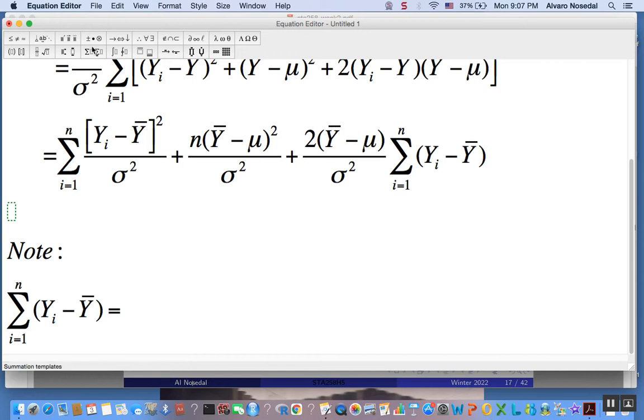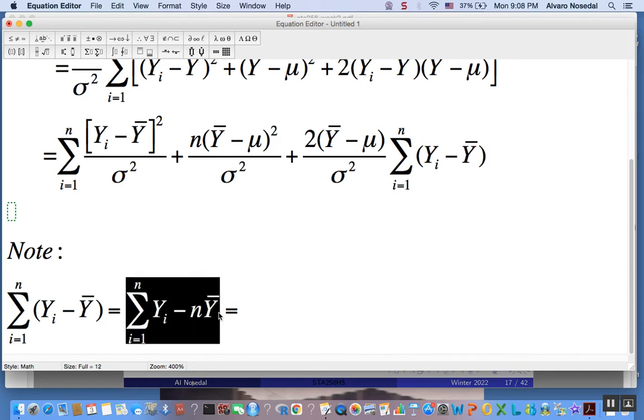This is just a summation of yi's, i goes from 1 up to n, and then we have the summation of y bar, i goes from 1 up to n, so that's minus n times y bar.